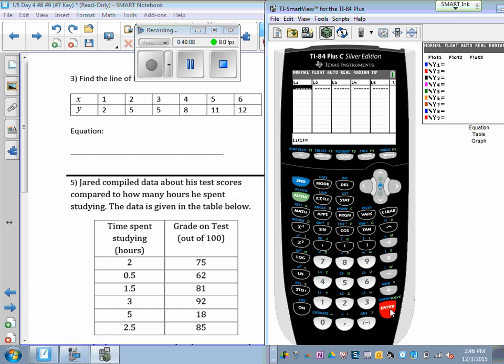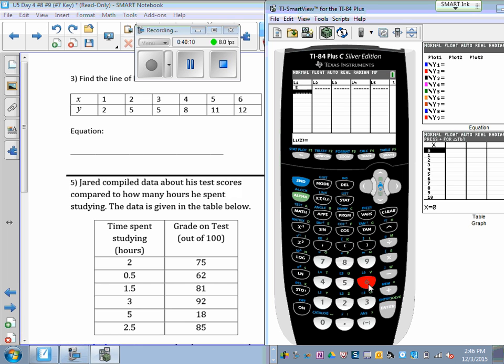Now some of you might already have numbers in here. If you have numbers in, we want to get rid of them. Now this is very important. Do not hit delete to get rid of your list. Only use clear.